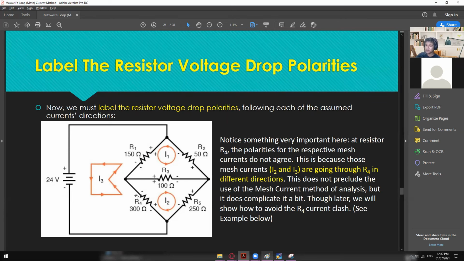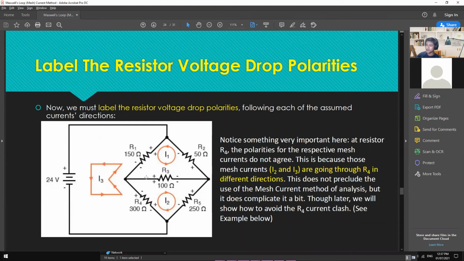However, in here, as you guys can see, we have negative, positive, and then positive, negative. So we now have two different polarities, so they are opposing each other. So as usual, the other one will become negative, or will be deducted from the other current.